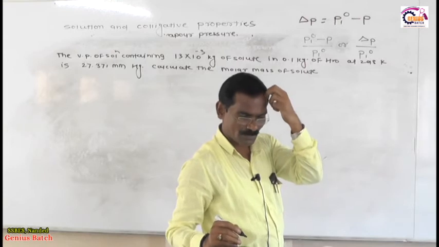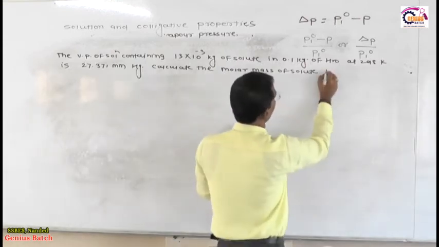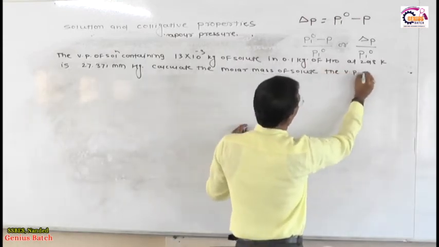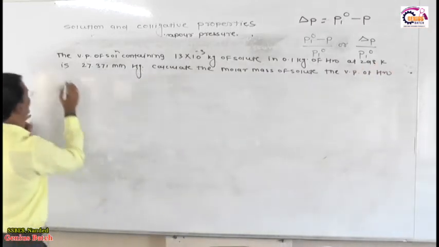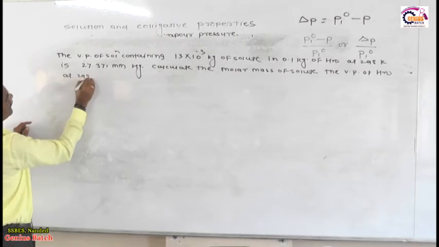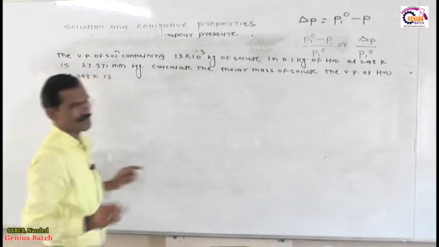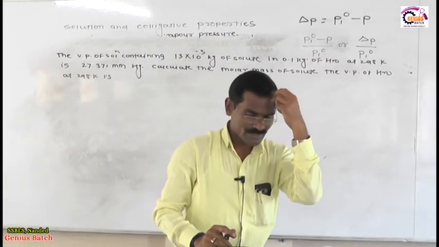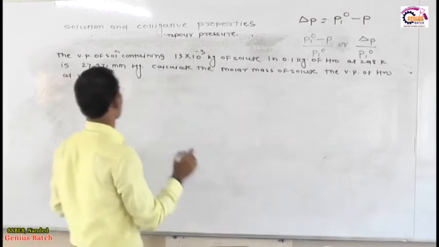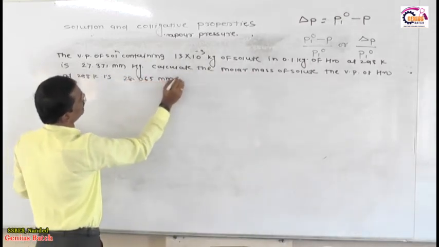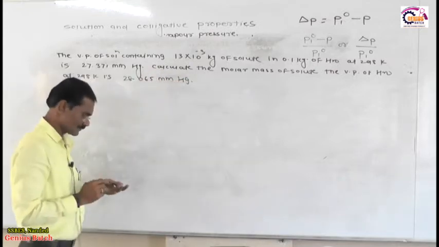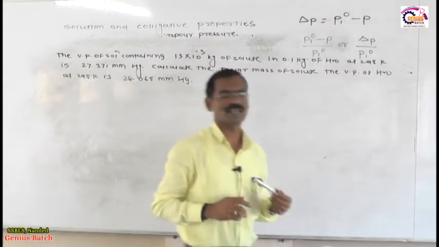The vapor pressure of water at 298 Kelvin is given: 28.065 mm of mercury. So dear friends, how to calculate?